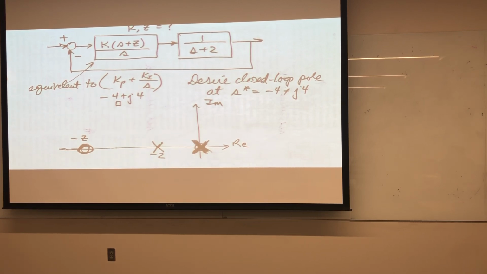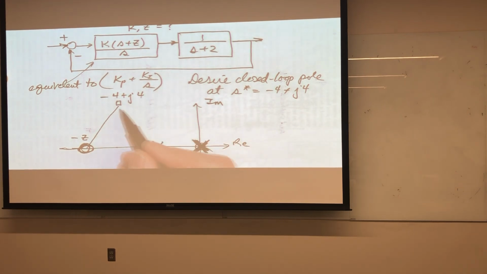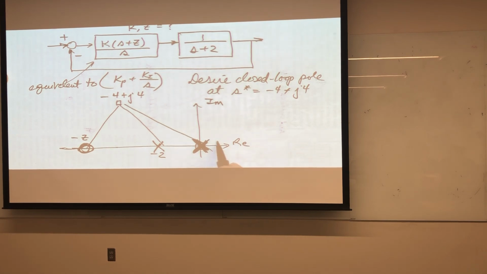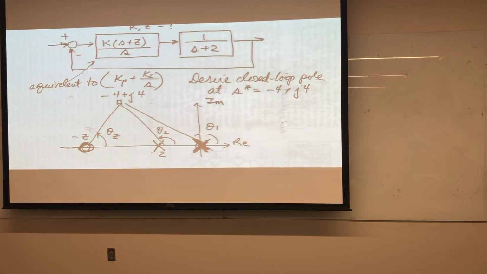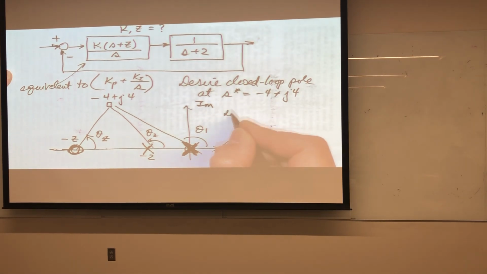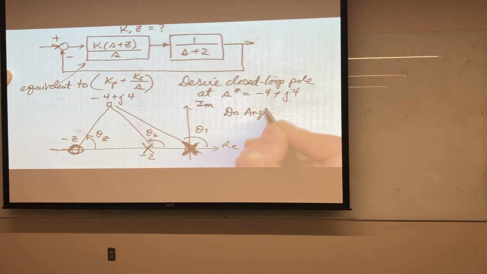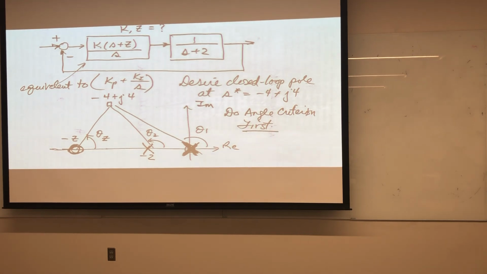Okay, so the first thing we'll do is let's do the angle criterion. I'm going to call this theta 1, call this theta 2, and call this theta Z. We do the angle criterion first.